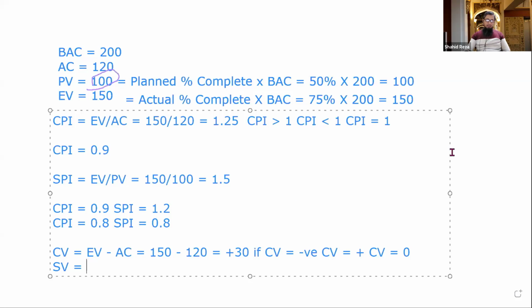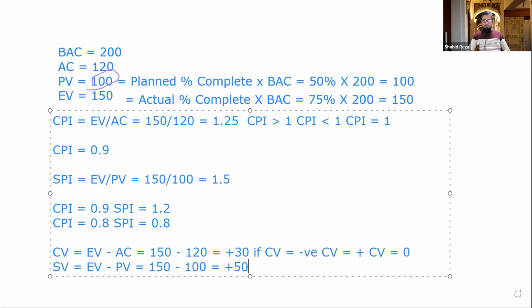All right. So this is earned value minus planned value. So 150 minus 100 is positive 50. Positive 50 means we are 1 day ahead of our schedule. We were supposed to do $50 of work in a day, but with positive 50, we are already ahead of the schedule.